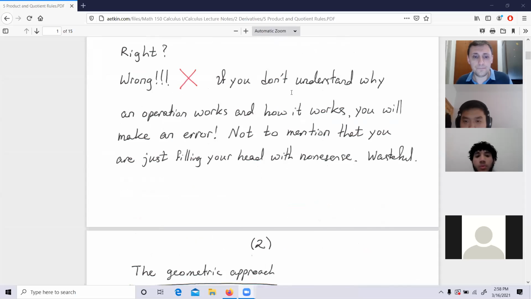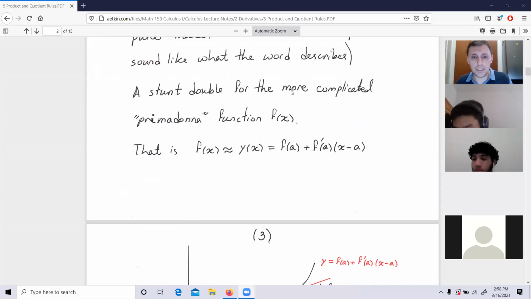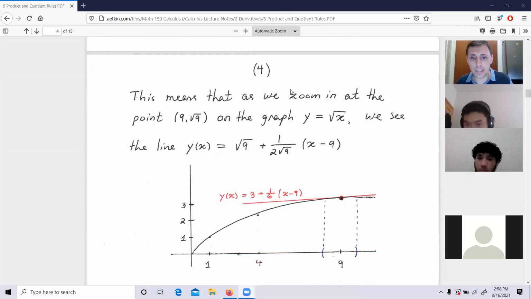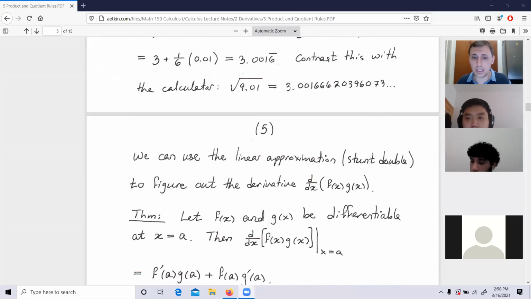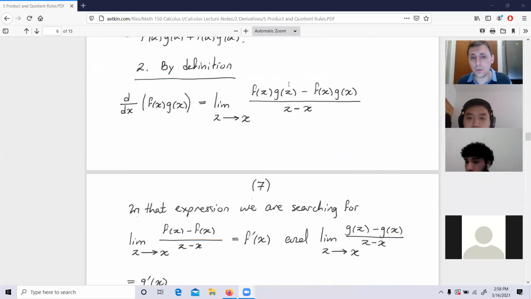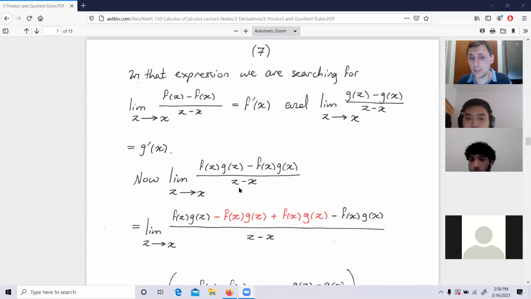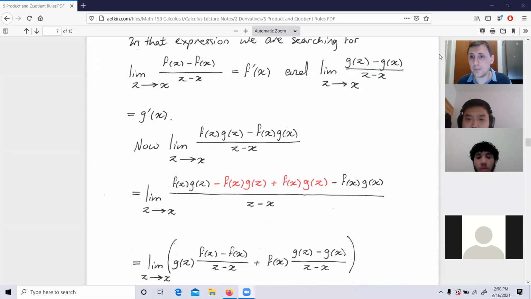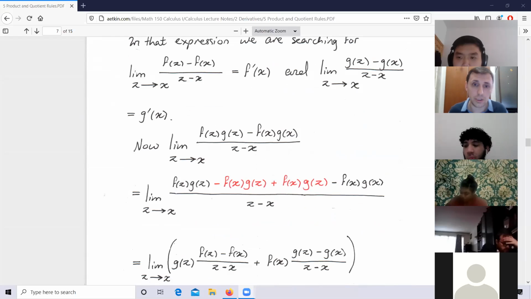Good, guys. So that's what we were doing, and I hope you understand this idea or try to understand it. Naturally, we can also use the definition of the derivative for the quotient rule. You see this? That's the definition of the derivative, which you can also try doing. You should be able to do it in many ways.